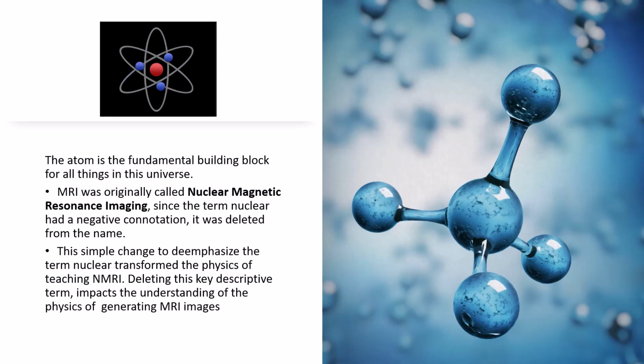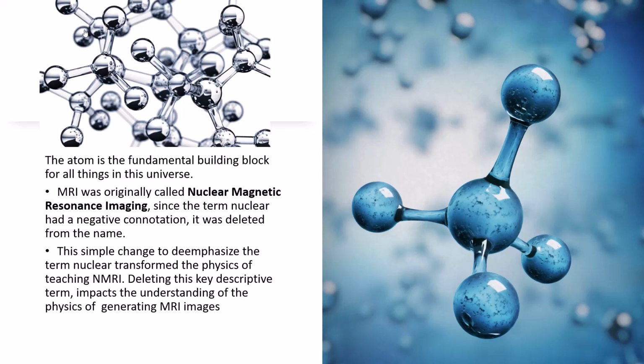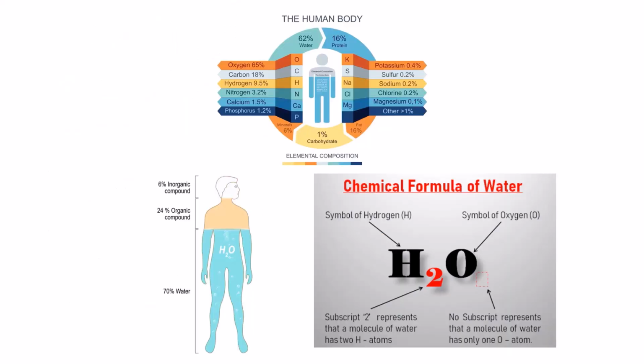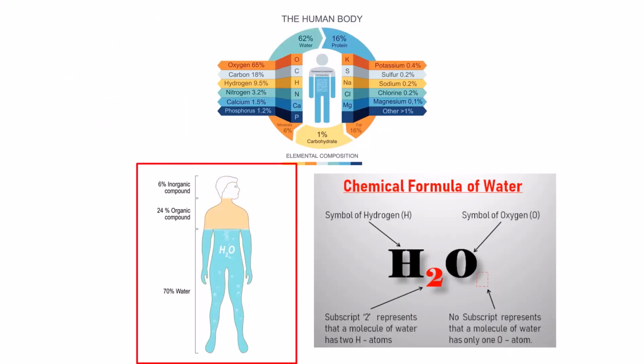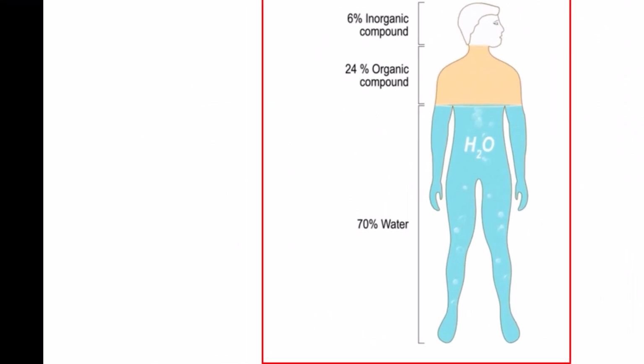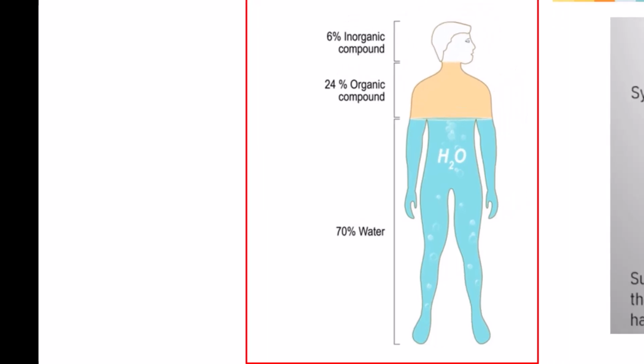It is the sum total of what the atom is made of: neutrons, protons, and electrons that make up the combination of atoms into a molecule, and molecules are the basis for tissue. For instance, the human body is made up of about 6% inorganic compounds, 24% organic compounds, and 70% water.